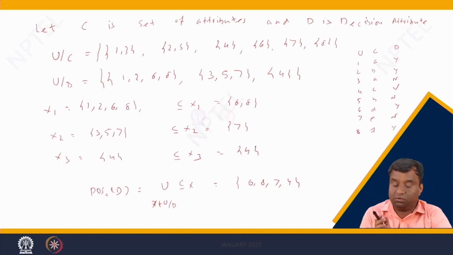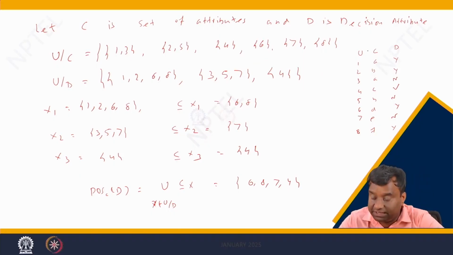So now let us try to understand one example. Suppose this is the decision table where C is the set of condition attributes and D is the decision attribute. So here U/C, there are 8 objects: U1, U2, U3, U4, U5, 6, 7, 8, and the sets of attributes are the same.